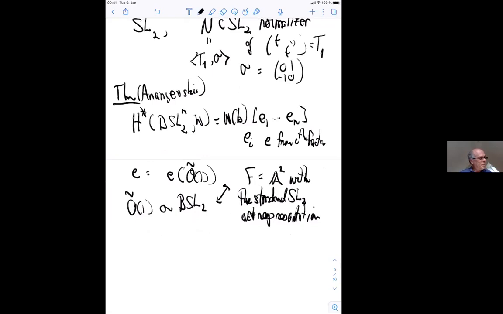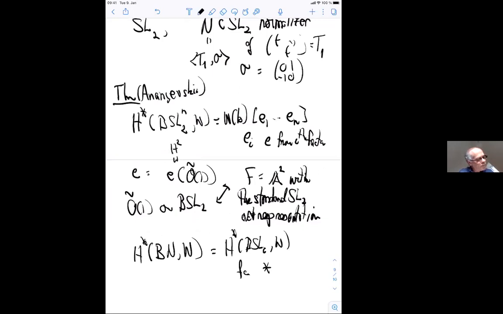Now, the cohomology of BN, let's just do one factor, is not quite so simple. It's equal to the cohomology of BSL2 in degree star, and by the way, E is in H2, in degree 2, for star bigger than or equal to 1.